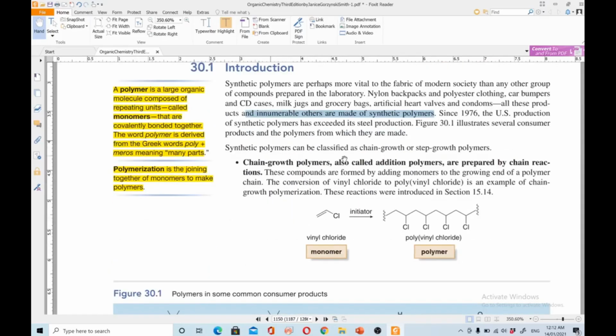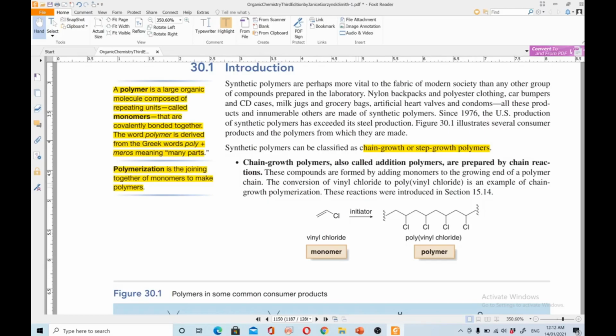Synthetic polymers can be classified as chain growth or step growth polymers. Chain growth polymers, also called addition polymers, are prepared by chain reactions. That's why they are called chain growth polymers. These compounds are formed by adding monomers to the growing end of a polymer chain.